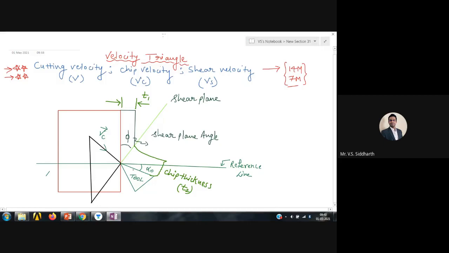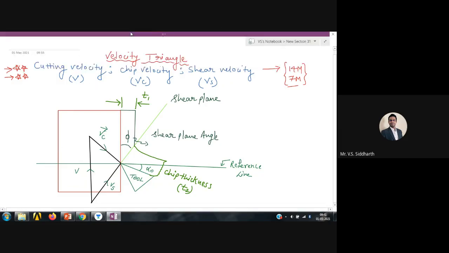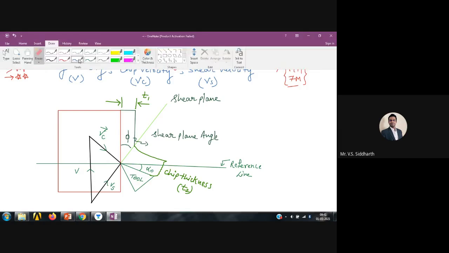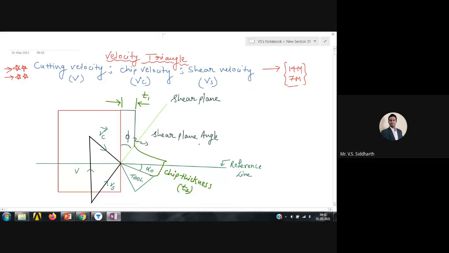You see, it is the chip flow velocity. This I'm calling VS, and this was my cutting direction, the cutting velocity vector. Is it clear up to this point? Everyone, say yes or no. No doubts. It's clear. Okay, very good.